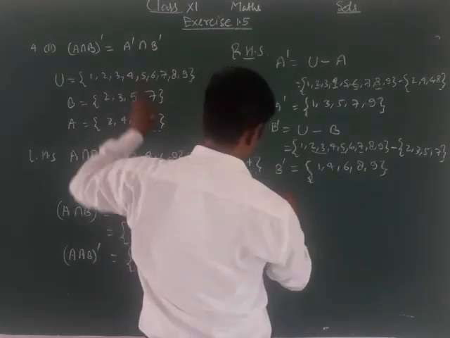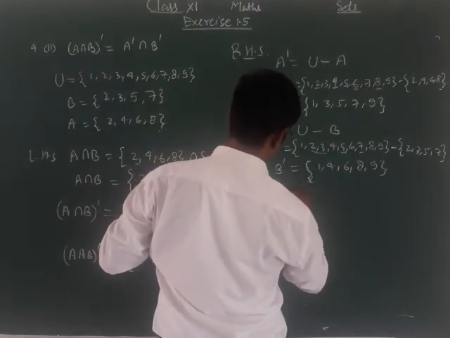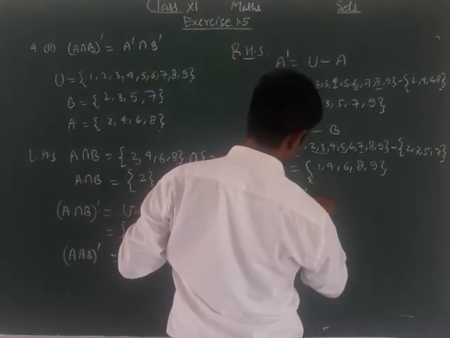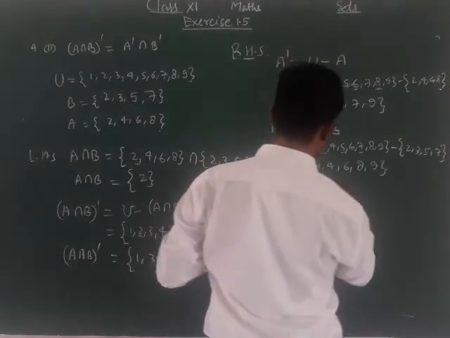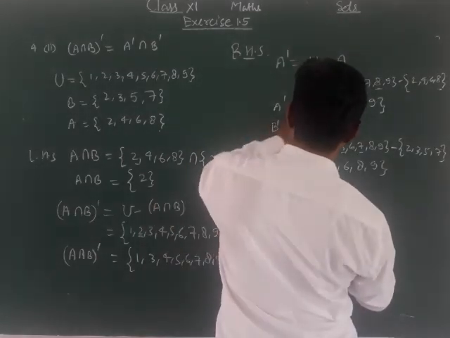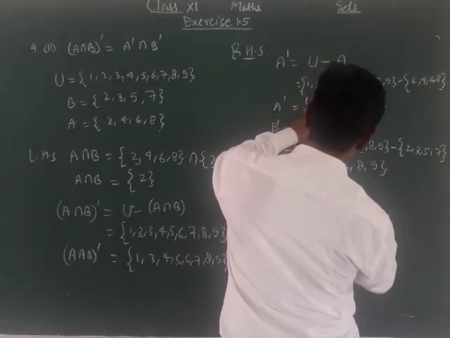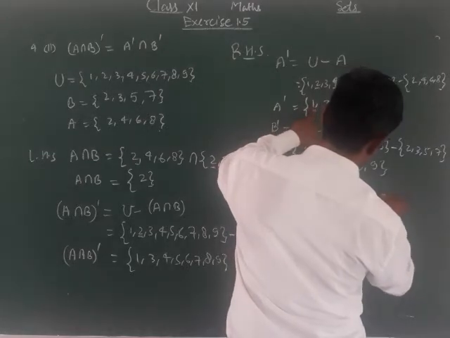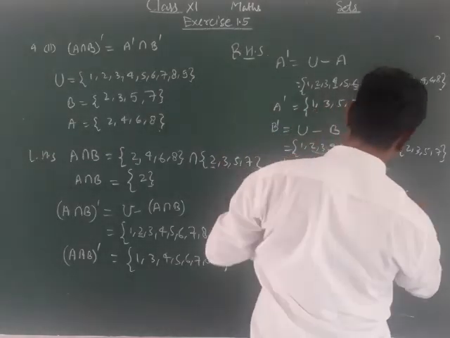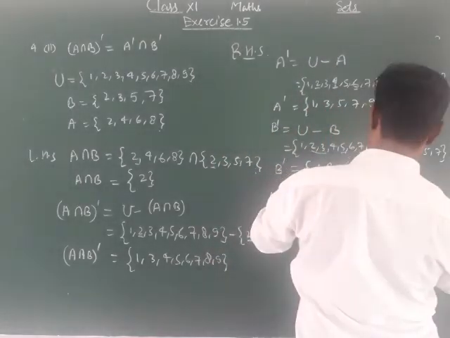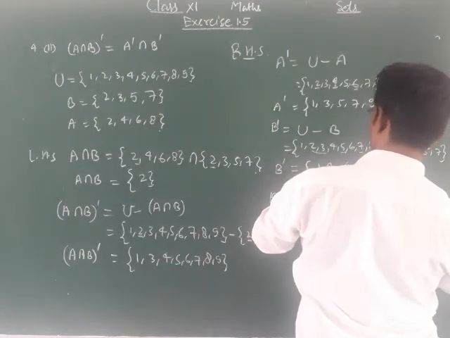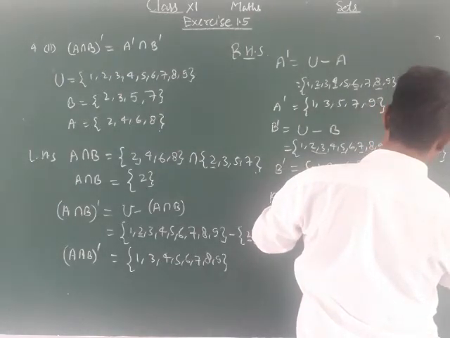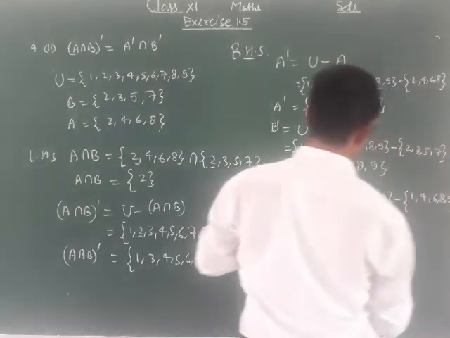So we find A intersection B dash is equal to, this is A: 1, 3, 5, 7, 9 and also 1, 4, 6, 8, 9.